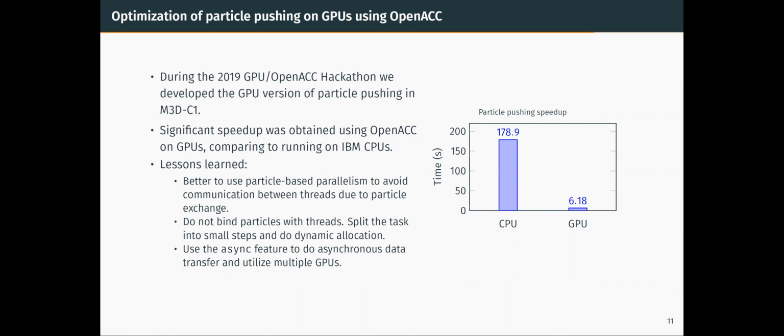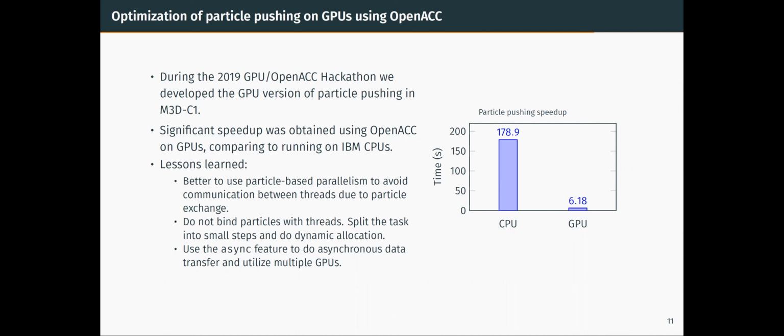For example, we should use particle-based parallelism to avoid communication between different GPU threads. And we should not bind particles with threads. Instead, we should split a big task into smaller ones and do a dynamic allocation, so the utilization will be better. And also, we should use async features to asynchronize data transfer, and also make us able to use multiple GPUs.